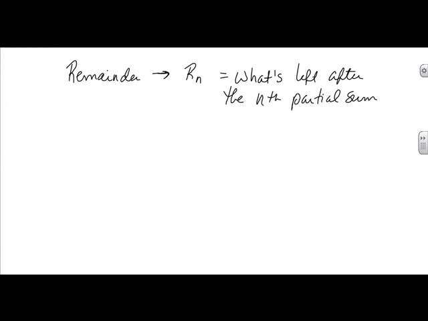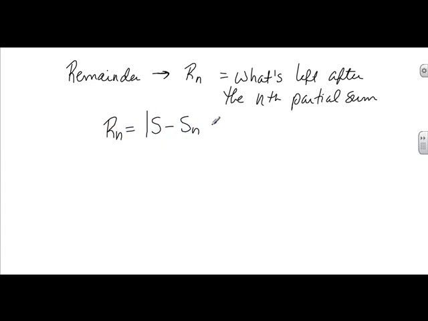Okay, we've talked about the remainder of a series. The remainder R sub n is what's left after the nth partial sum. So previously we've said that the value of R sub n is equal to the value of the series minus the nth partial sum. Well, if our series happens to be an alternating series, this difference might be negative, might be positive.